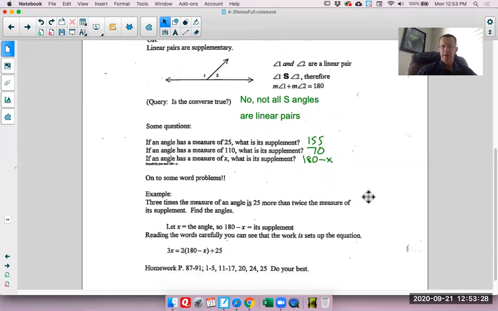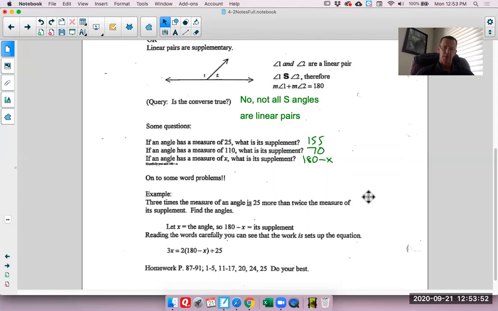Now we're going to go ahead and do some of these word problems. Here's an example of one. So again, go to your happy place, relax. You can do word problems. You got this. Not that bad. Three times the measure of an angle is 25 more than twice the measure of its supplement. Find the angles. Again, you want to assign defined variables.